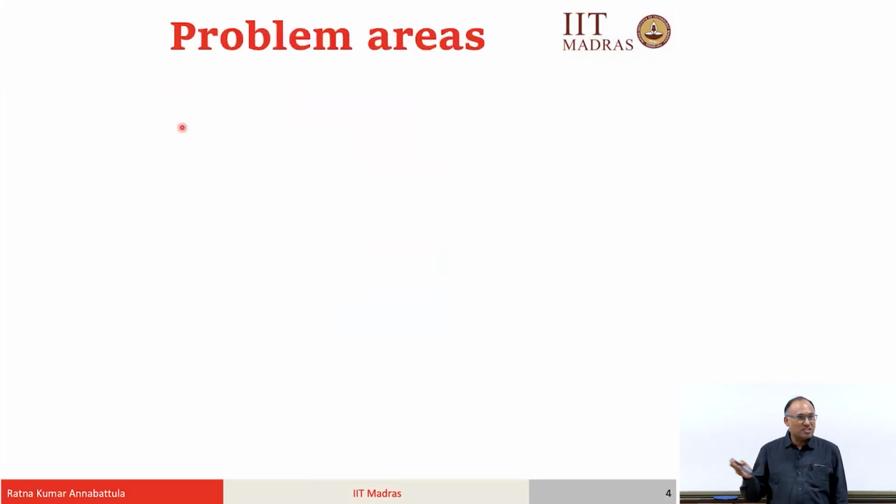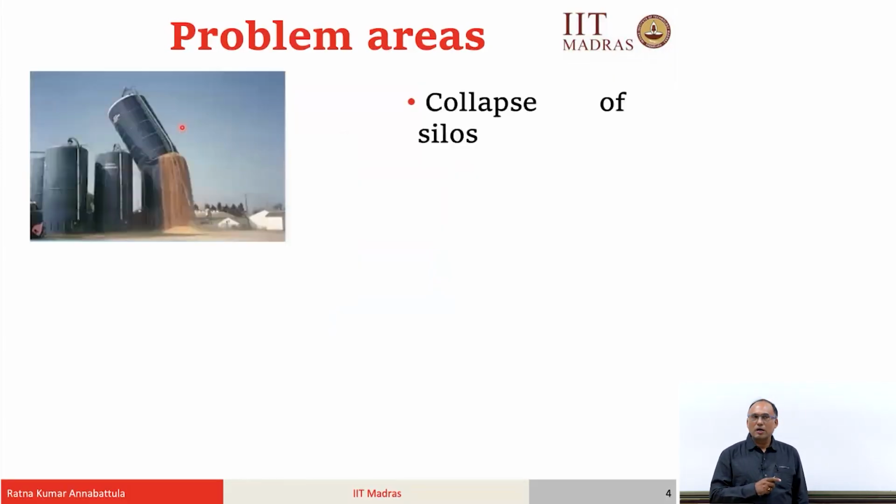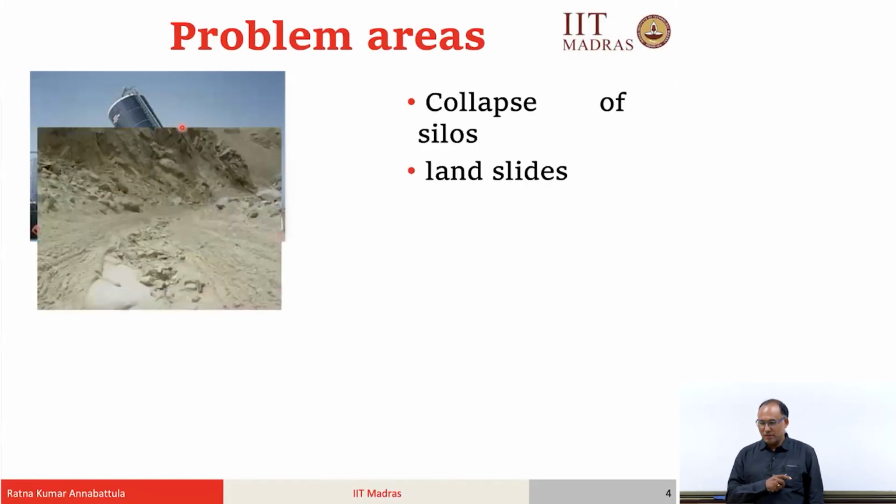So, these are all the industries where you have granular materials playing their role. In fact, every industry that you can name will have some granular material playing its role. So, what are the problem areas that we are concerned with? This is one example that we have seen, collapse of silos, the storage of food grains and so on, and the integrity of the silo is an important design problem.